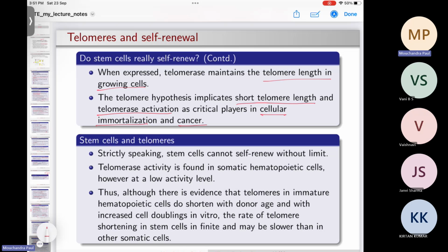There the telomerase is active, so the telomere length is not lost, rather it is continuously being rebuilt. All right, and also cancer cells can proliferate continuously for n number of doublings because this telomerase gene is acting there.